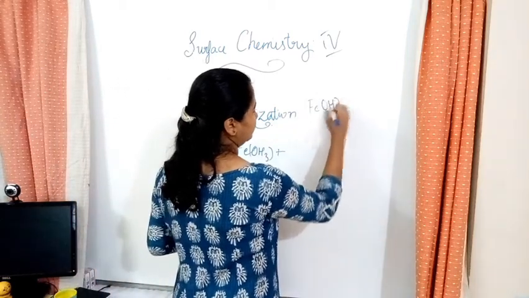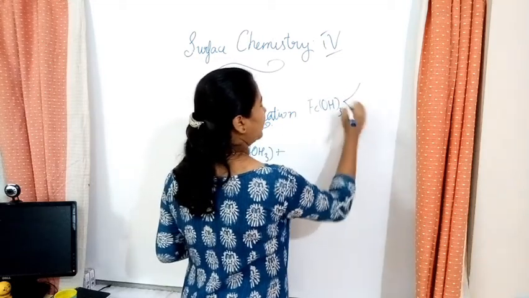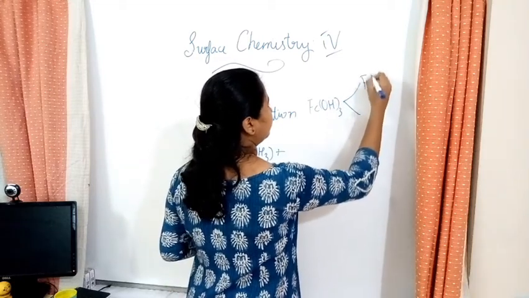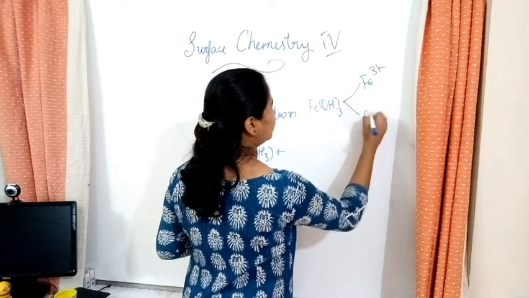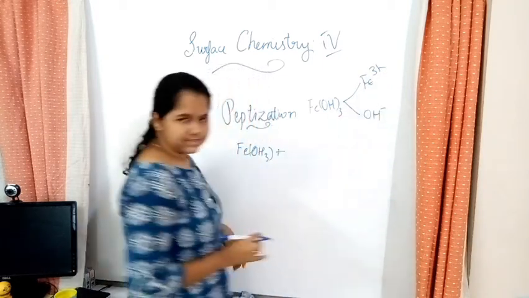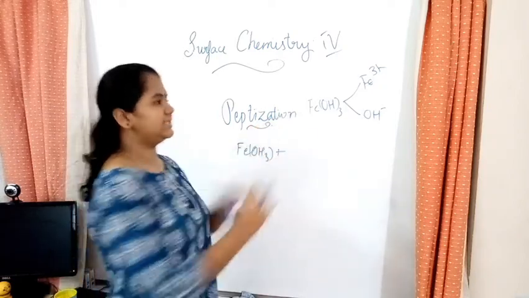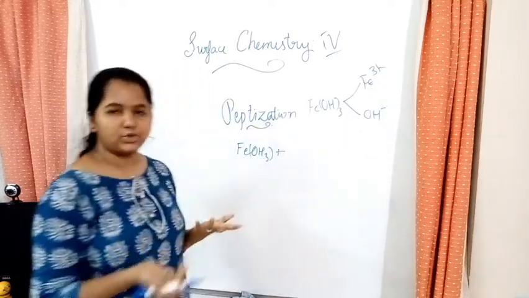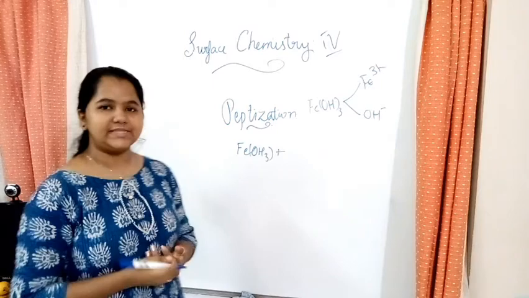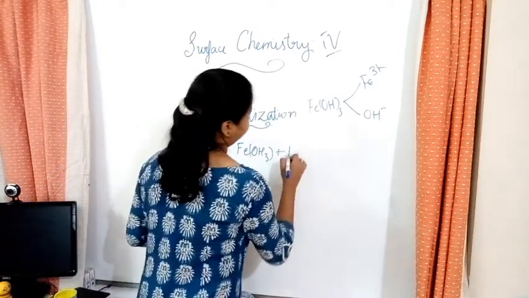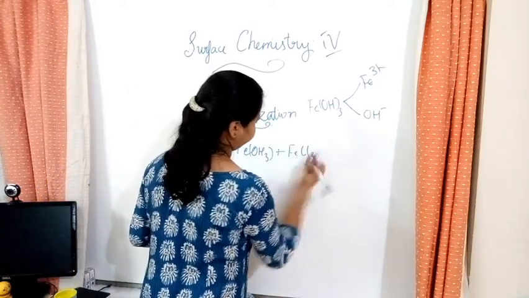It has two ions, Fe3 plus and OH minus, isn't it? So first let's take Fe itself. What is an electrolyte that contains Fe? We'll take FeCl3. So over here we'll write FeCl3.